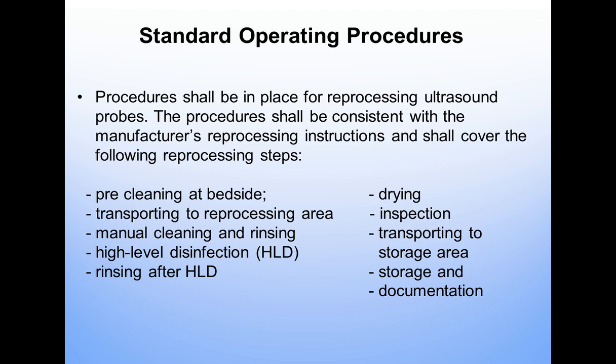And as I said, with regards to the storage, it will be important for you to obtain the new CSA standards, because we are requiring the storage of endocavity probes in a HEPA-filtered cabinet. There's been a lot of discussion on that throughout Canada when the public review went out for the document.